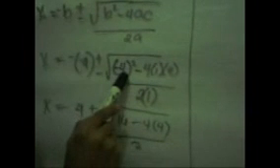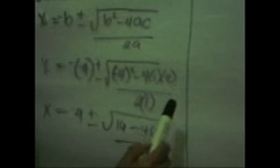Copy the plus and the minus sign. Negative 4 squared is equal to positive 16. Negative 4 times 1 is equal to negative 4, and copy the multiplied by 4, all over 2, because 2 times 1 is equal to 2.